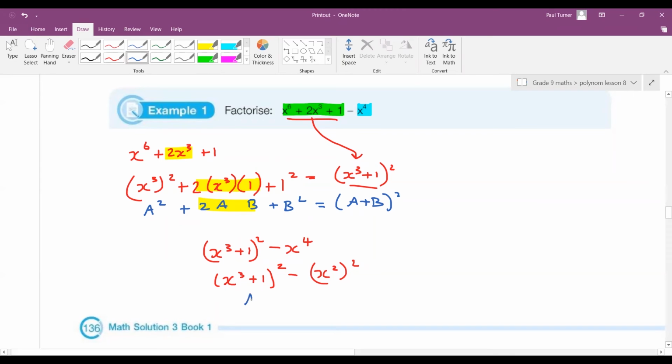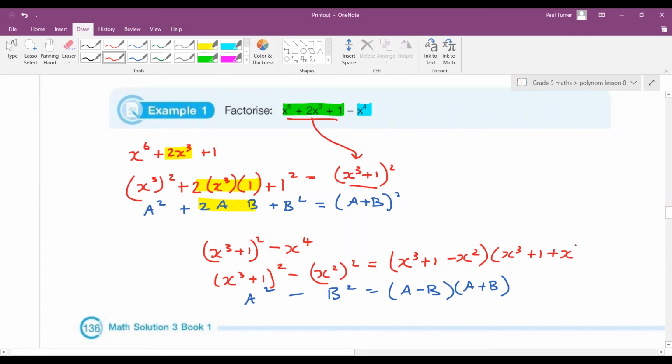So now we have a^2 minus b^2, which is (a minus b)(a plus b). So then we just write our factors. So we'll have (x^3 plus 1 minus x^2)(x^3 plus 1 plus x^2). So that would be your answer there.